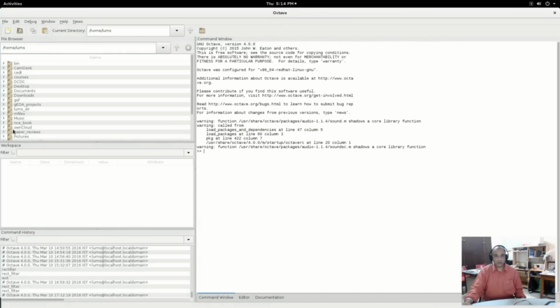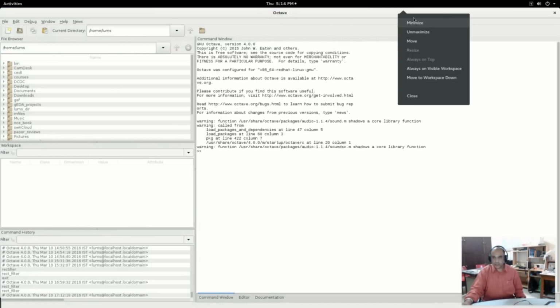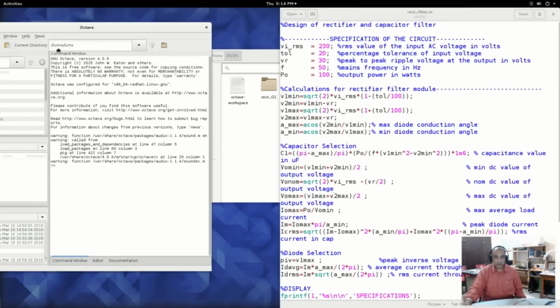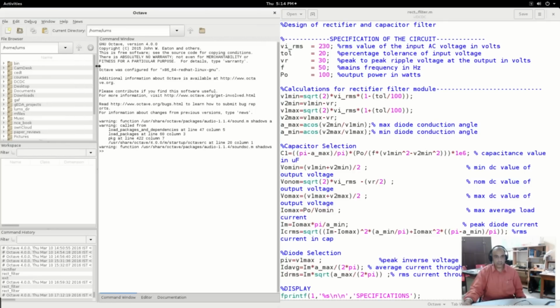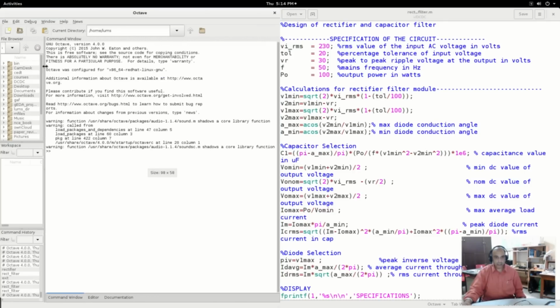I will open this Octave, keep this onto one side, maximize the space, so I have the workspace here. So it is like this. Let me go into the same folder here.